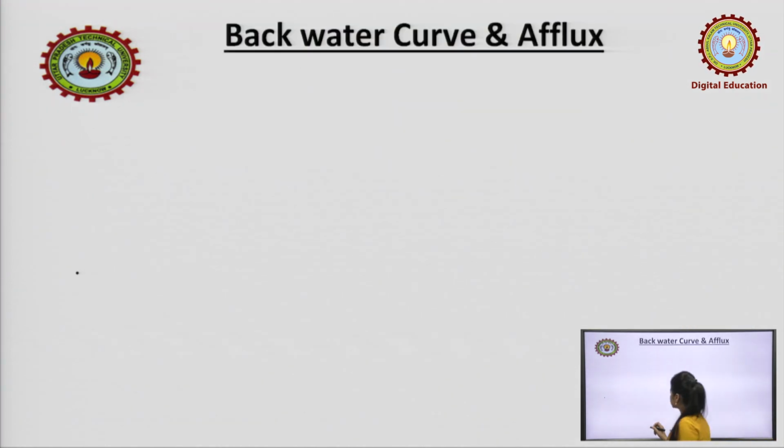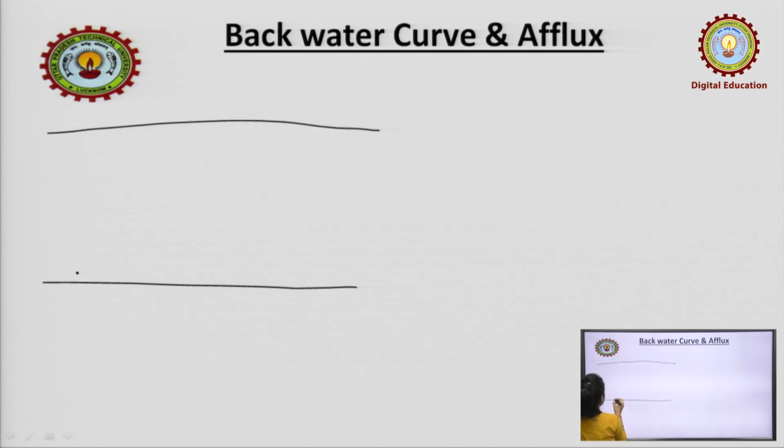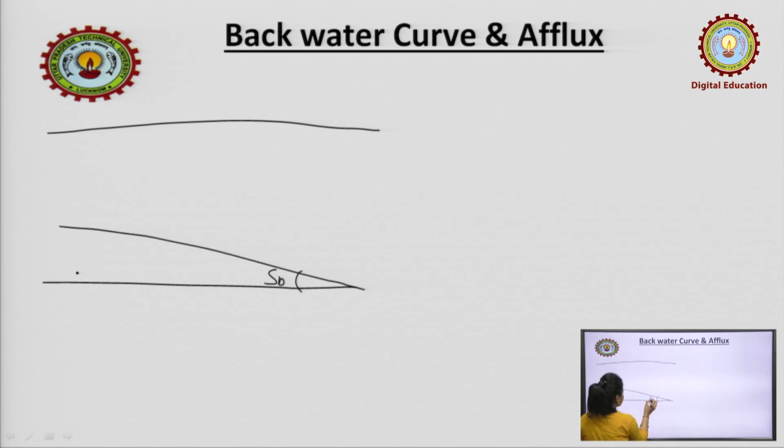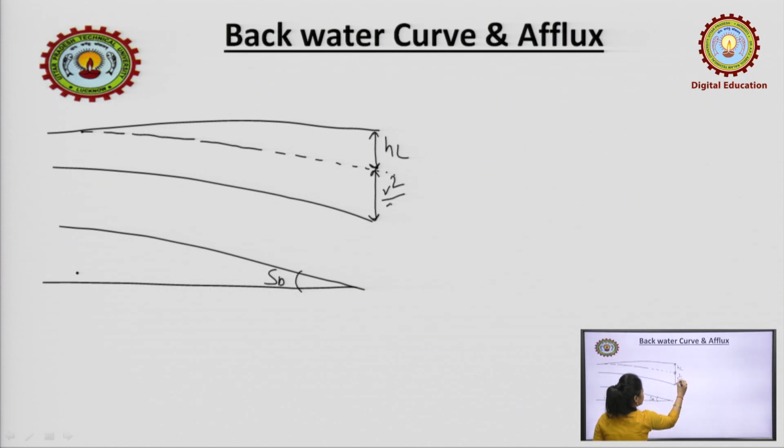Now we can draw the backwater curve with sections 1 and 2, with a datum. It has a bed slope of SB, let us suppose. Then these are your depths y1 and y2, and this will be your head loss, HL. This is V square upon 2G.